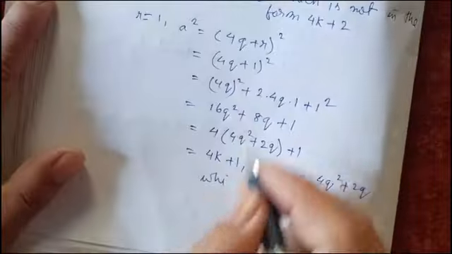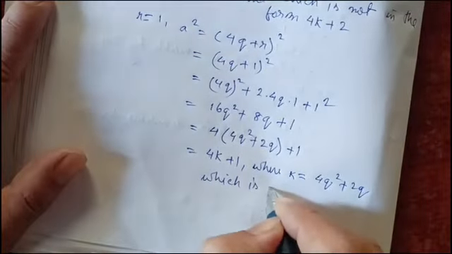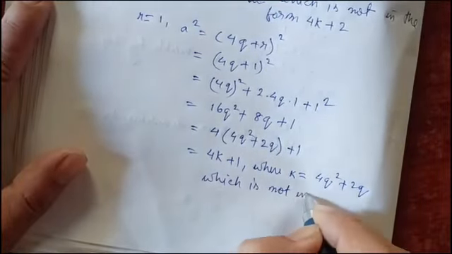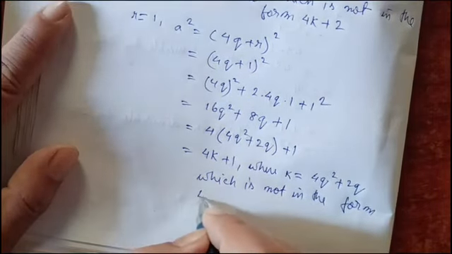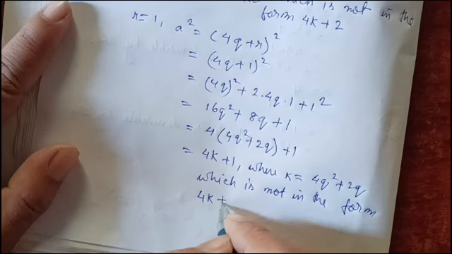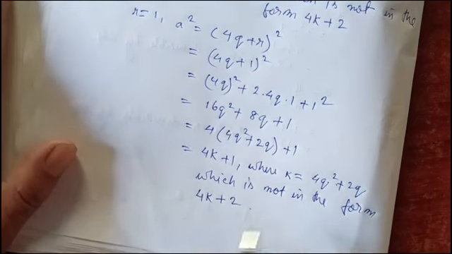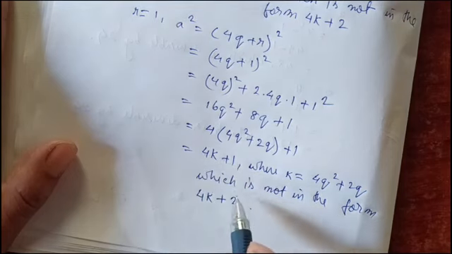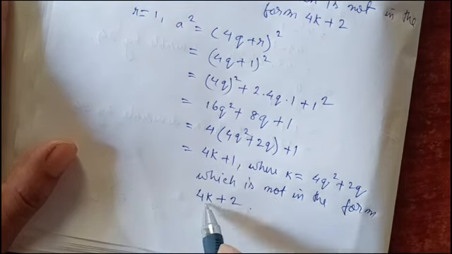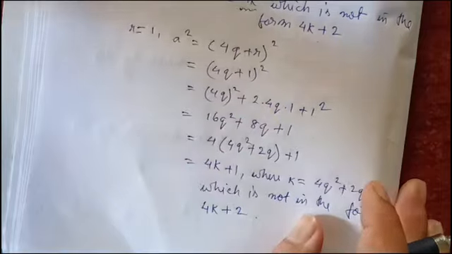So which is not in the form 4k plus 2. We cannot get 4k plus 2, we get only 4k plus 1. So we are writing which is not in the form 4k plus 2.